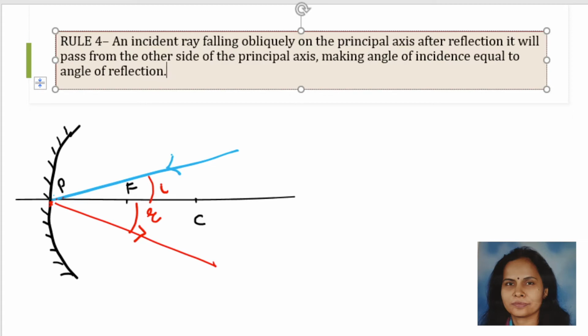So these all are the four rules for the image formation by the concave mirror. When we study image formation by concave mirror, we'll be using these four rules, right?